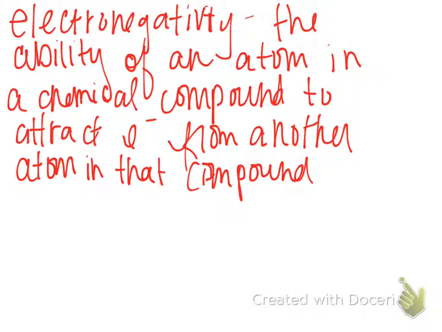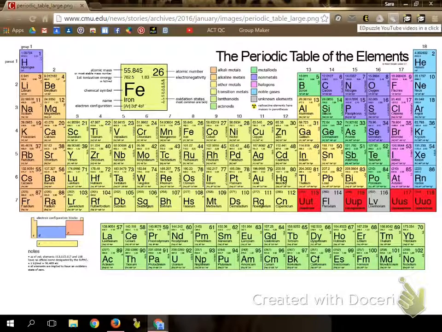Electronegativity has a very distinct trend on the periodic table. Does anyone know what it is? Which is the most electronegative atom that we have? And the least electronegative might be? Francium, that's a pretty good guess. Our trend for electronegativity just goes straight up to fluorine.